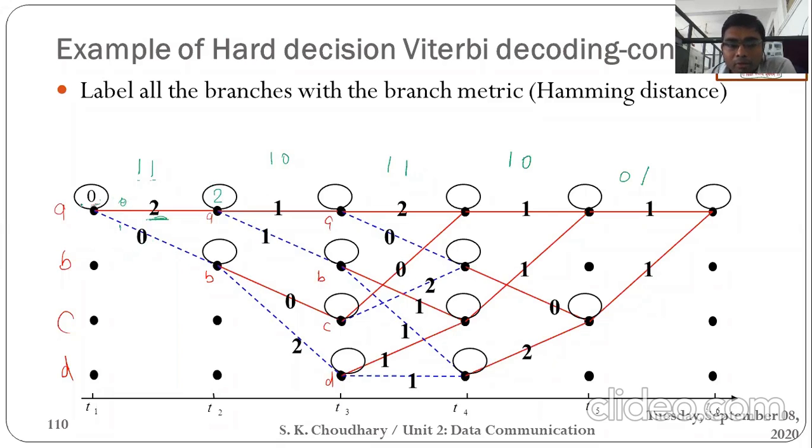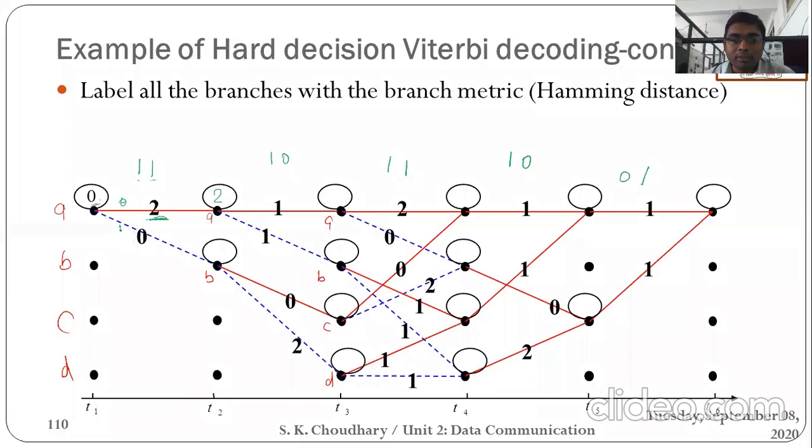When you receive an input of 1, as per the standard state, you have to remember your state diagram. In the previous lecture we drew the state diagram and the basic trellis diagram. Keep this picture in front of you, and then decide the metric value.